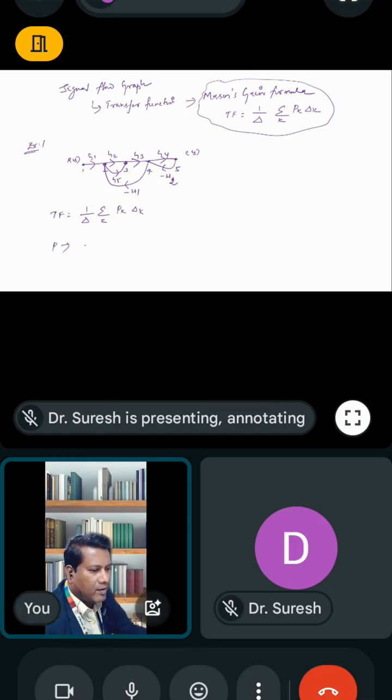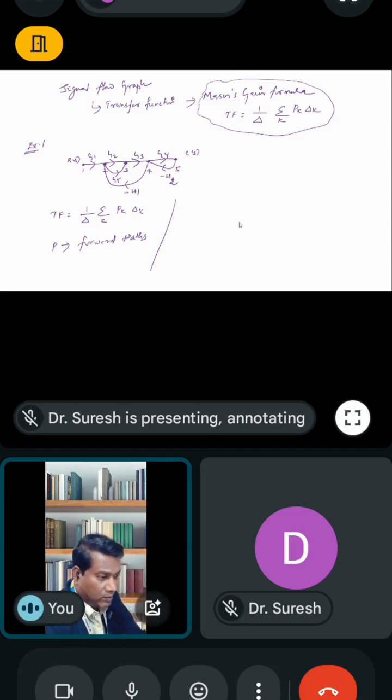forward paths. Forward paths means it starts from node 1 and ends at the last node 5 without any repetition. So it travels from 1, 2, 3, 4, 5, the nodes not to be repeated.